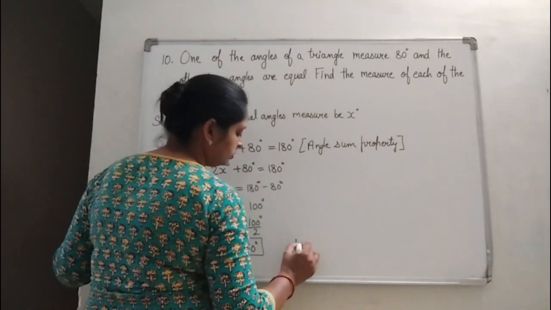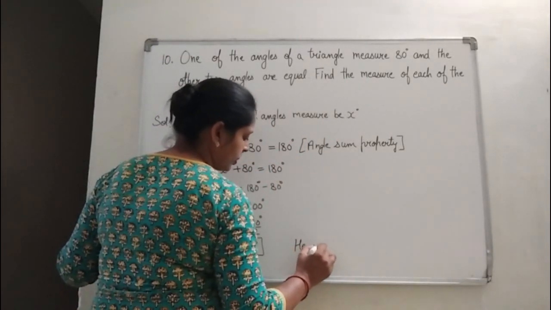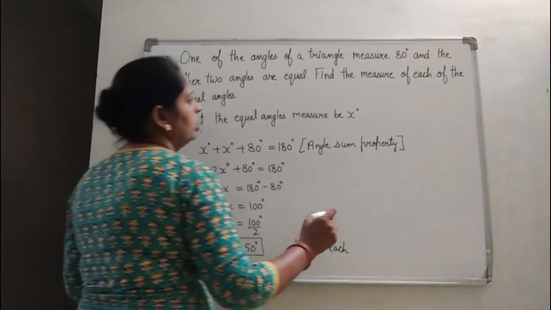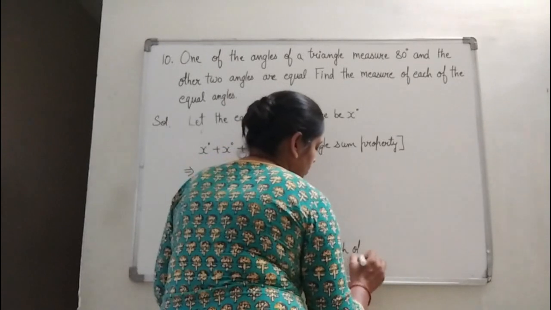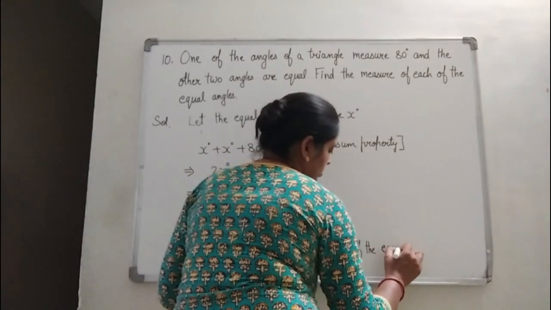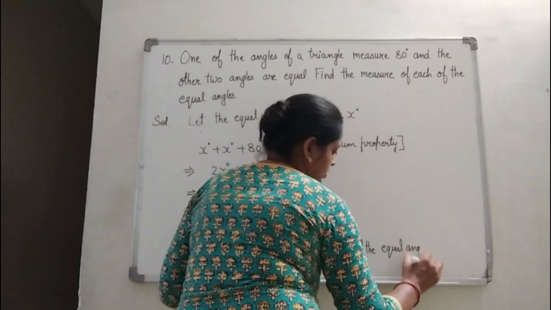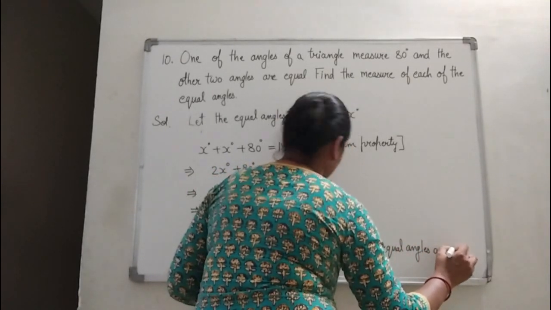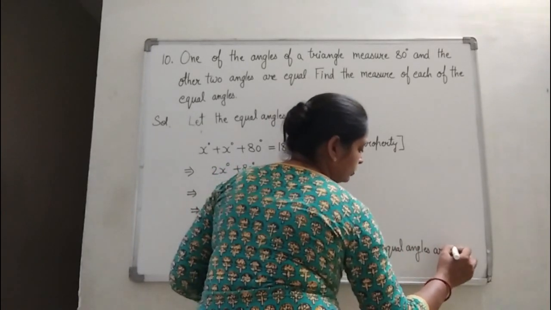Hence each of the equal angles are 50 degree.